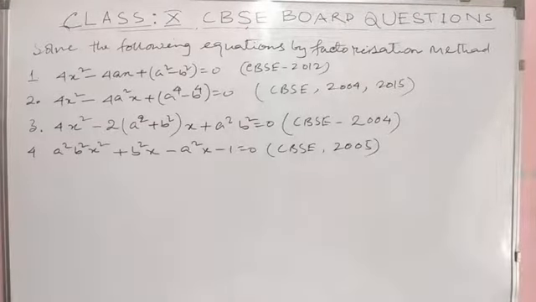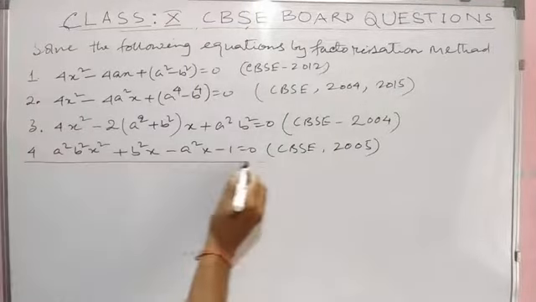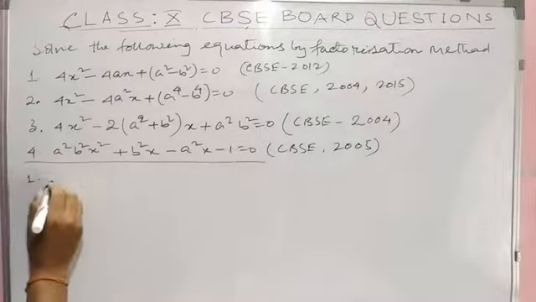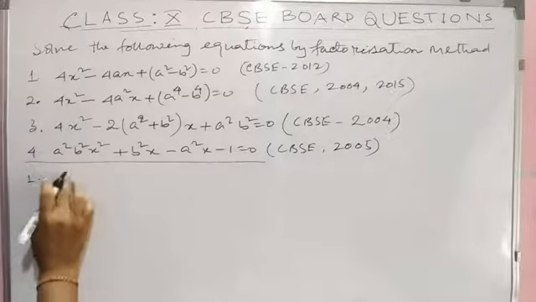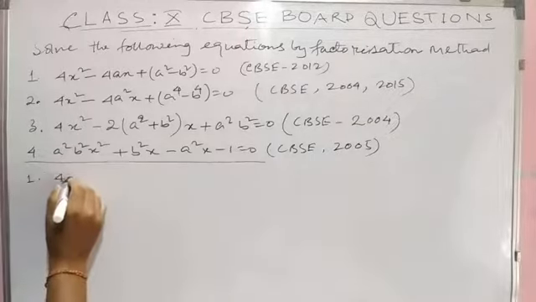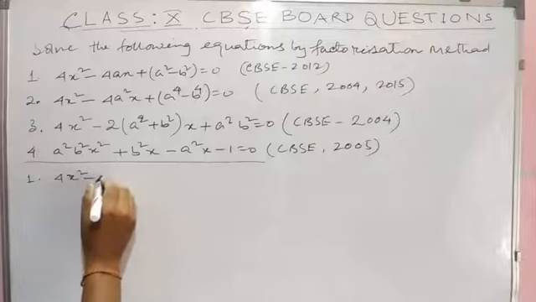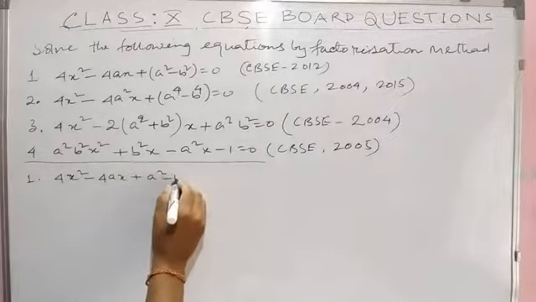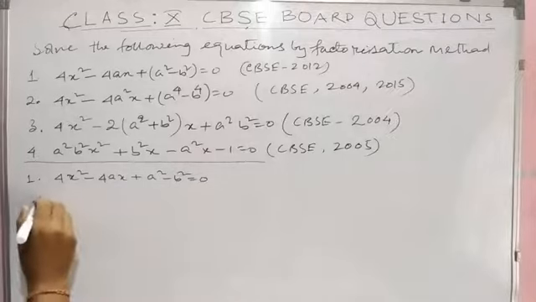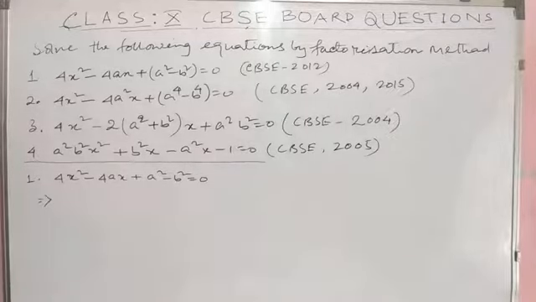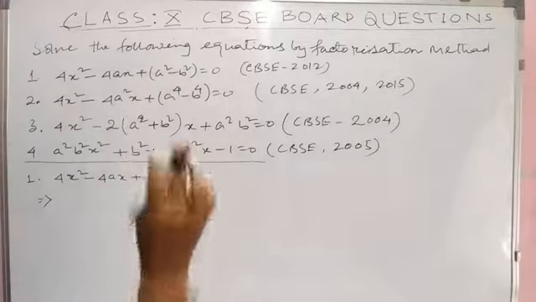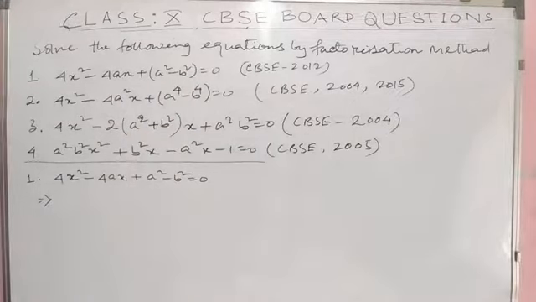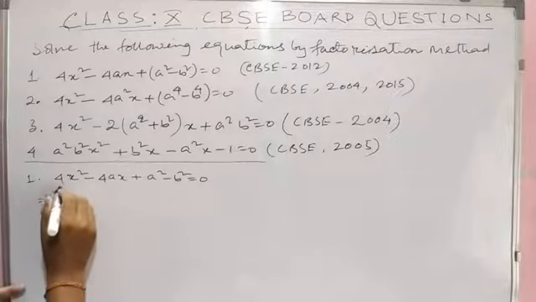So see, first of all, question number 1. 4x square minus 4ax plus a square minus b square equal to 0. So we are going to apply the factorization method. This bracket is no need, we are just removing the bracket. Now let us see these three terms.